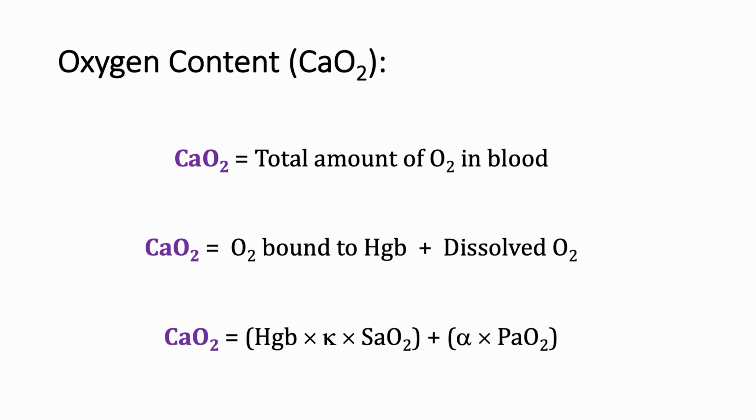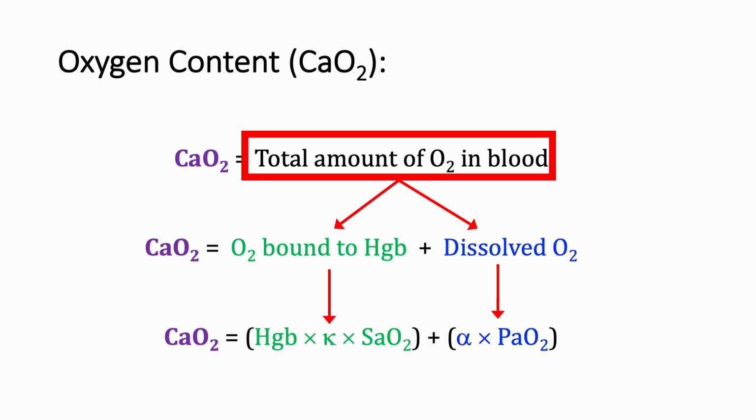The calculation for oxygen content is represented in equation form here. As you can see, the total amount of oxygen is the sum of the amount of oxygen bound to hemoglobin molecules within red blood cells, plus the amount of oxygen that is dissolved in the blood that is not bound to hemoglobin.